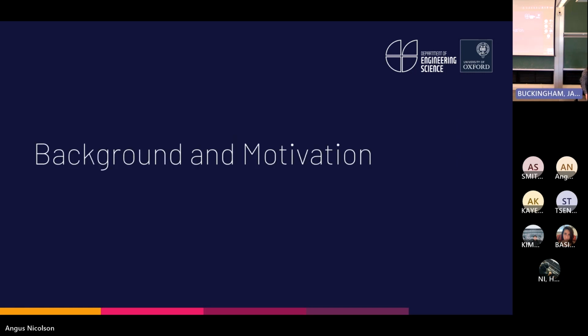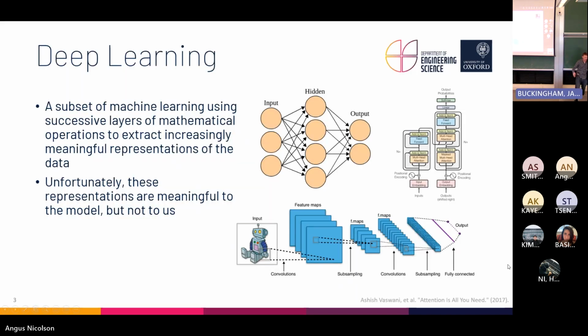So starting with some background and motivation. Deep learning, very briefly, is essentially a type of machine learning where we do successive layers of mathematical operations. That could be a neural network where you have multiplication, addition, and an activation function. It could be a transformer model, or a convolution, but successive layers of mathematical operations which lead to more and more meaningful representations of your data, which you can then use for classification, regression, and so on.